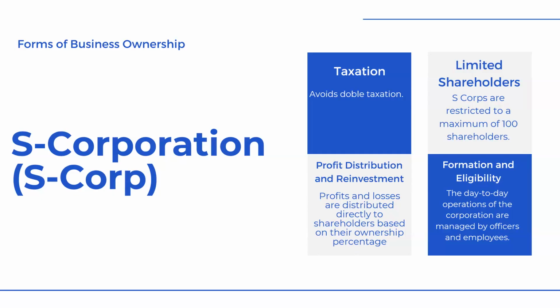These separations protect shareholders from personal liability for the corporation's debts, limiting their responsibility to the amount they have invested in the business. Corporations also have officers and directors who manage operations. Unlike other business structures, corporations must adhere to specific legal requirements and corporate formalities.